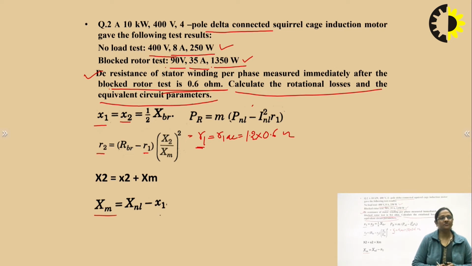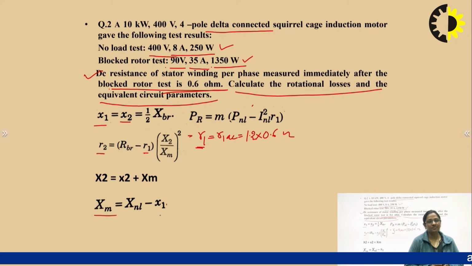Here in the simplified equivalent circuit, we are not considering that RC branch which takes into account the iron losses taking place in the machine, right? So, we need to calculate with the help of the no-load test and blocked rotor test data the equivalent circuit parameters, and the parameters are X1 and X2.